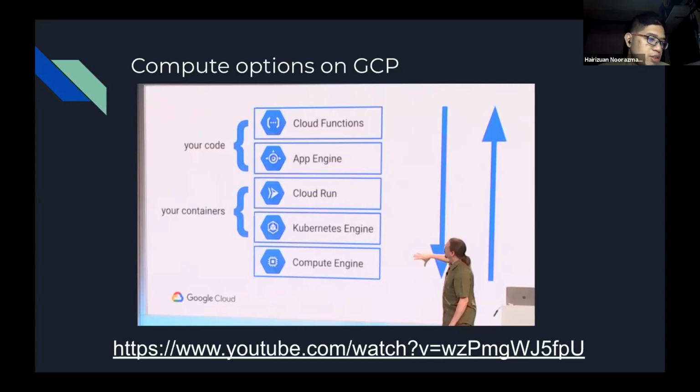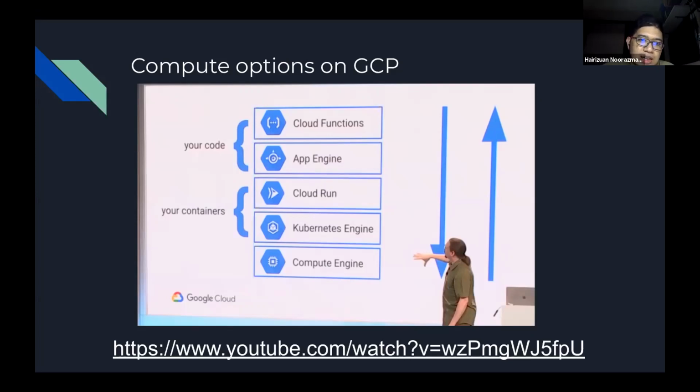The bottom level is Compute Engine, which gives you the most control, essentially just giving you a virtual machine. Then Kubernetes Engine puts a Kubernetes cluster on a bunch of Compute Engine instances. You have less control, and more of the server stuff is abstracted away from you. And then the next layer is Cloud Run, the one in the middle.